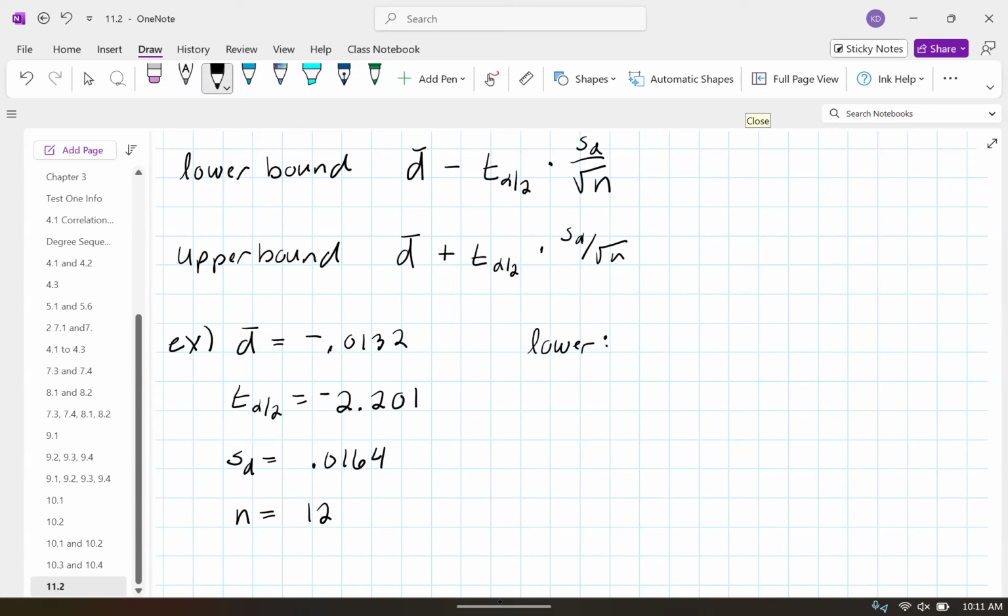For our lower bound, plug our data in, 0.0132. No, it should be positive. Sorry, it is the positive of this. If not, it's not going to make sense for us. Okay. 2.201 times 0.0164 over 12.